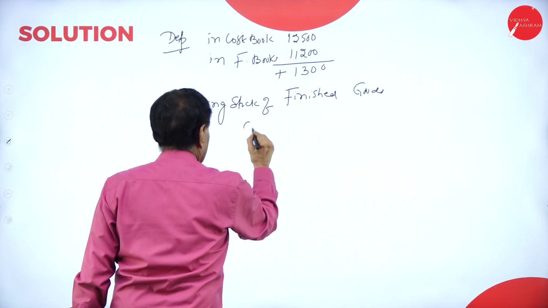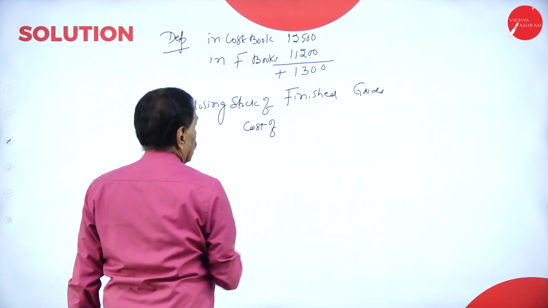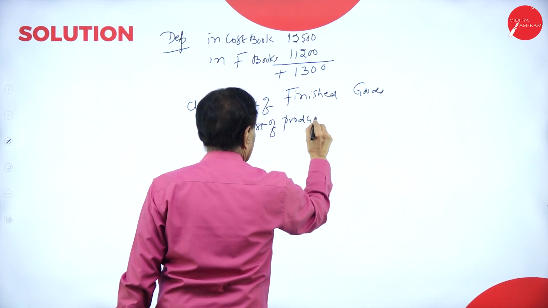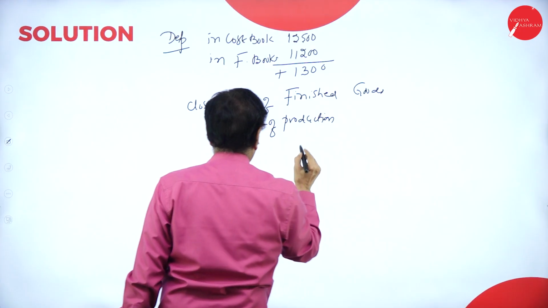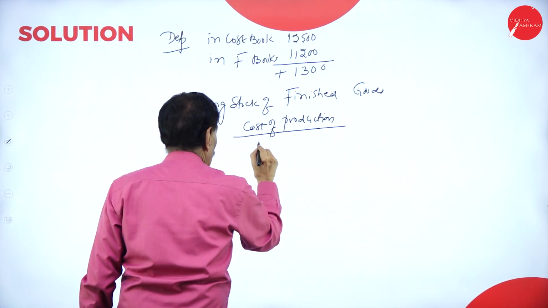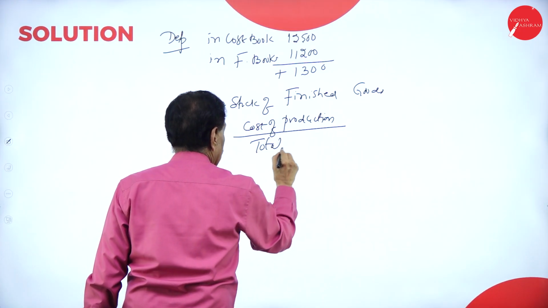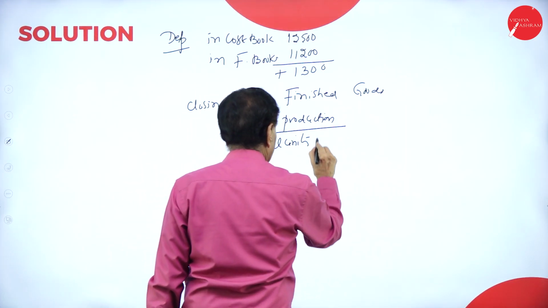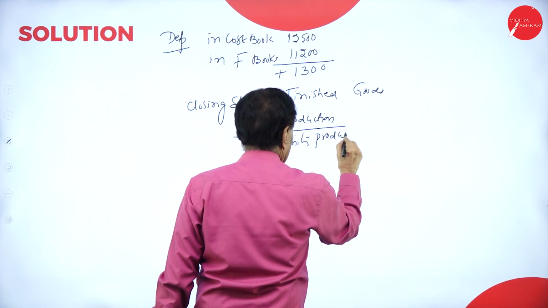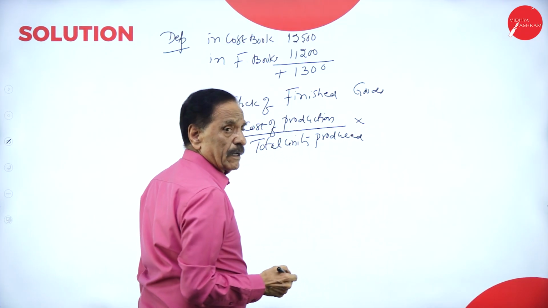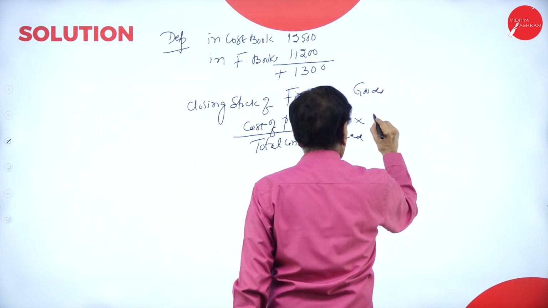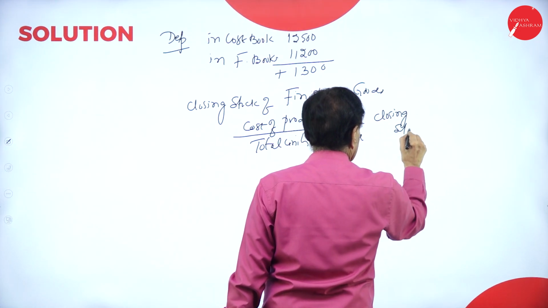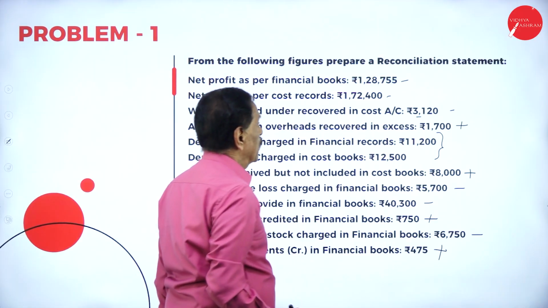Cost of production divided by total units produced, multiplied by unsold stock, closing stock. This is your formula.